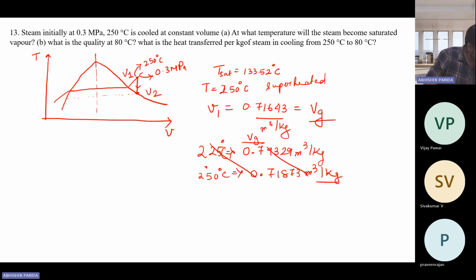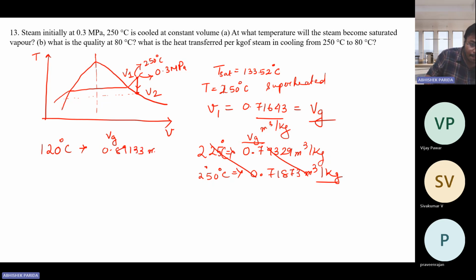Anyways, it will be somewhat near that temperature, T saturation. At 225 kilopascal, the T saturation is 123.97 degrees Celsius. Correct? Yes, sir. So if we go with temperature, at 120 degrees Celsius, Vg is 0.8913.